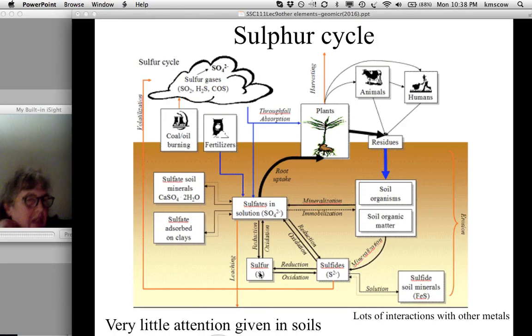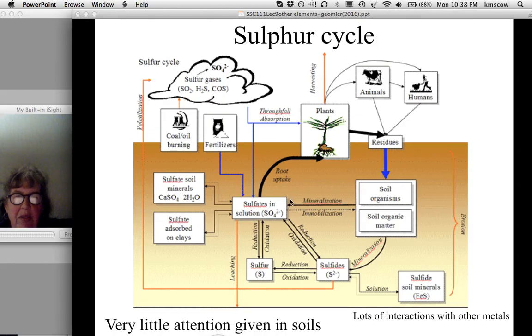There's elemental sulfur, the reduced form of sulfide, soil organic matter, and then interaction of the sulfur with the particles in the soil and minerals in the soil that can reduce its availability.